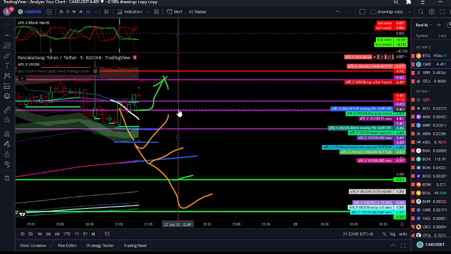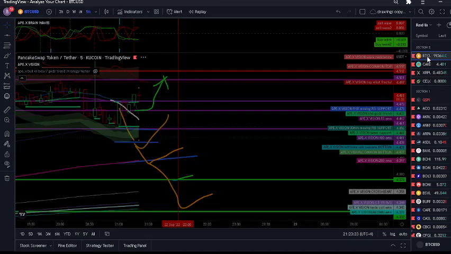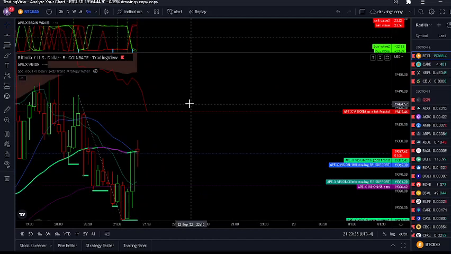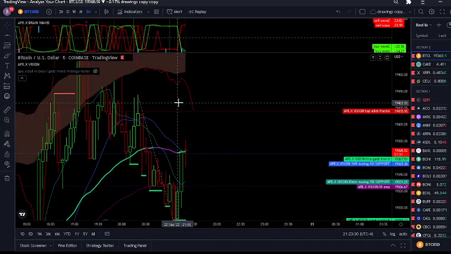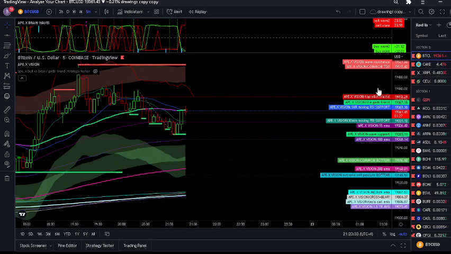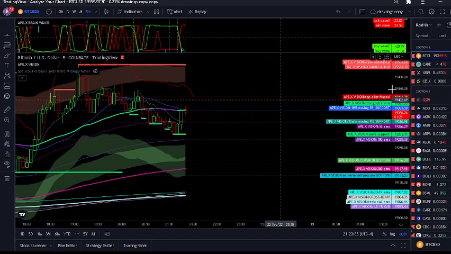The next candle should be green. I don't know, man. This thing's so fucking volatile right now. I don't think this is a good time to make the fucking tutorial. Bitcoin's dropping, so cake's gonna drop.